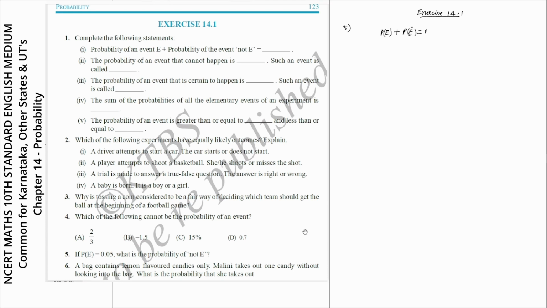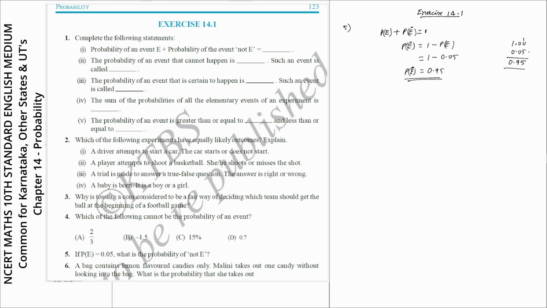Therefore, probability of not E is equal to 1 minus probability of E. Now probability of E is given as 0.05. Now 1 minus 0.05, so it is 5, then 9 minus 0 is 9, so 0.95.